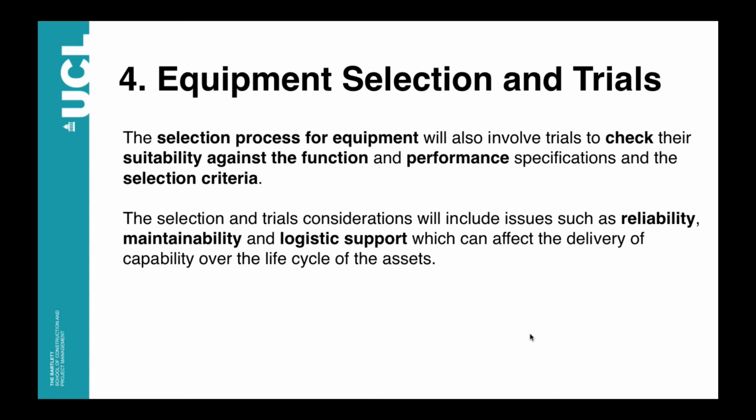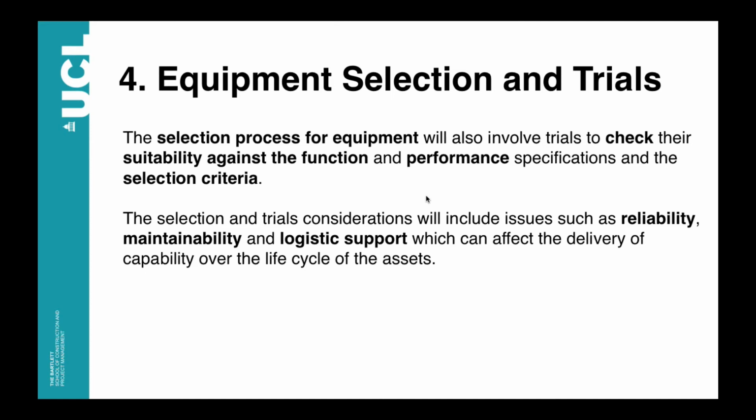Step number 4 is about equipment selection and trials. The selection process for the equipment will involve some trials in order to check the suitability of this equipment against the function and performance specifications that we included in the selection criteria previously.